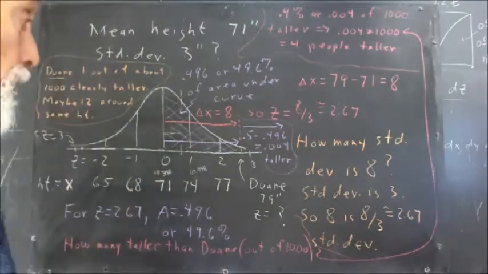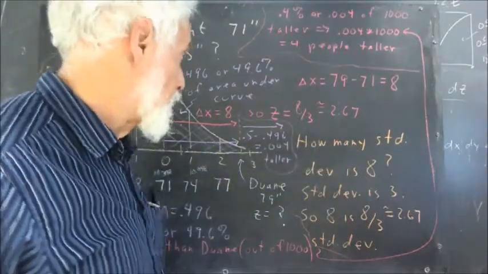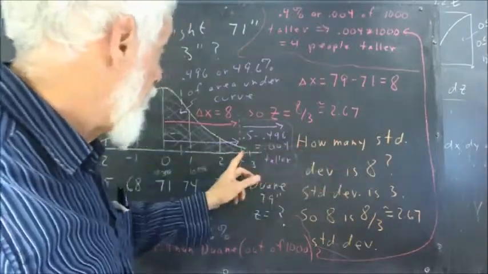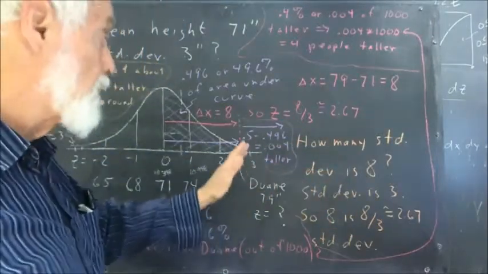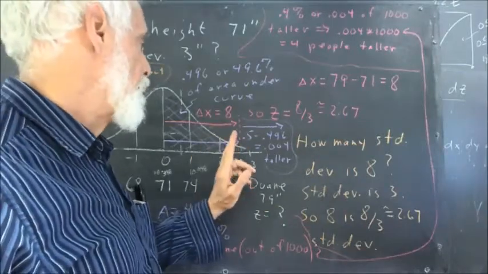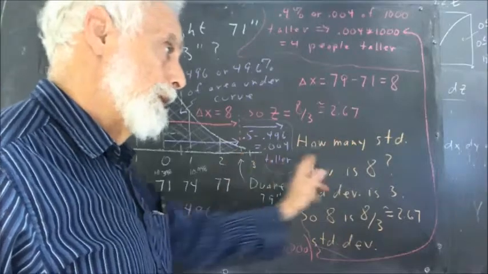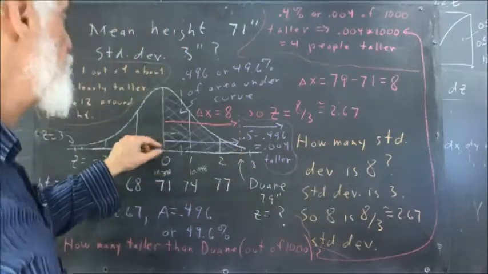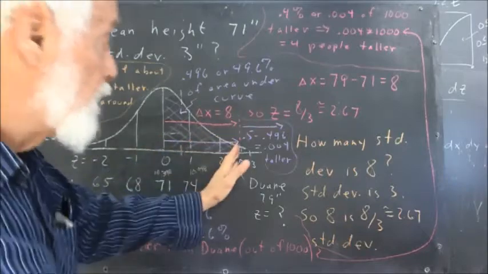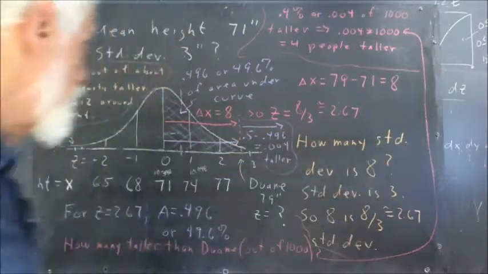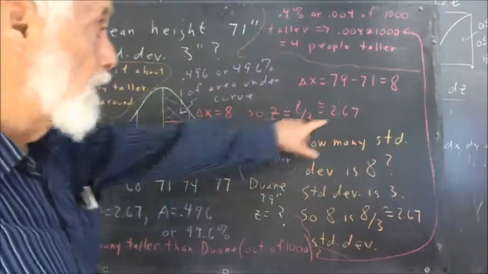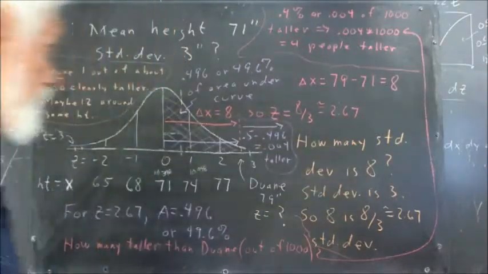Now, what we're interested in is what portion of people are taller than Duane, so it would be everything beyond this point, but the Z table isn't going to tell you how many people or what proportion of the curve lies beyond this point. It only tells you what portion lies between here and here, and you're going to have to use that to figure out the proportion that lies to the right of Duane's 79 inches, or Z equals 2.67.